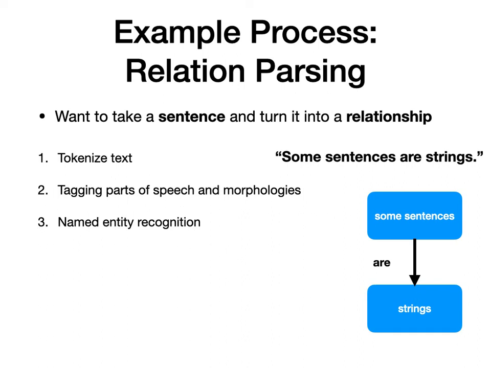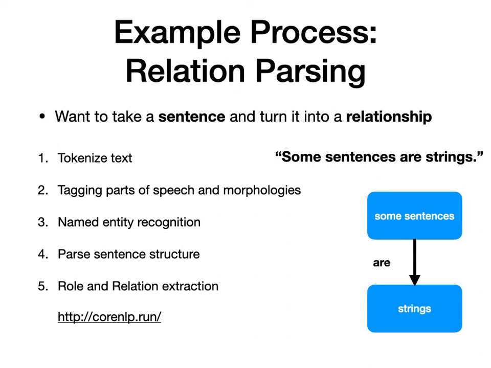We might need to recognize named entities. So that's the idea of, if you say the Washington Monument, that is a proper noun, right? I need to know what kind of thing that was. Then we would parse the sentence structure a little more deeply so that we could pull out the roles and relations, the roles of different parts of the sentence in the object-subject relation connection.